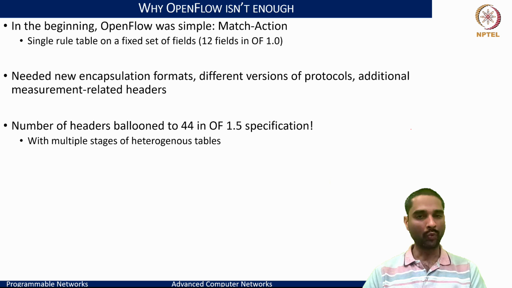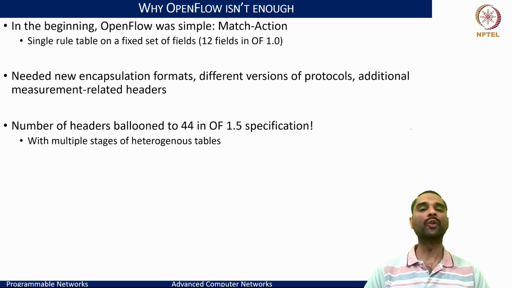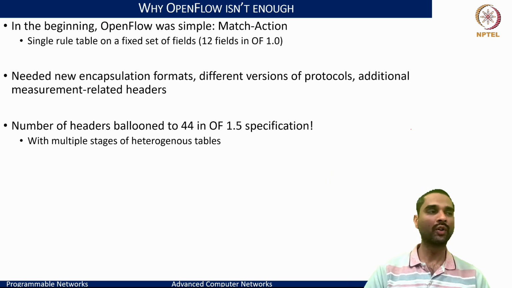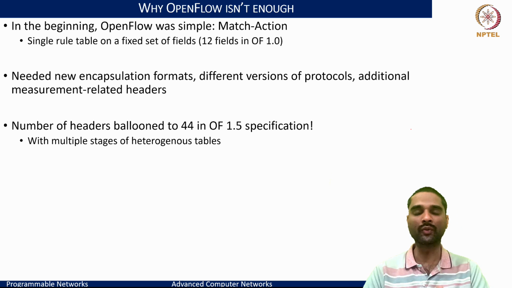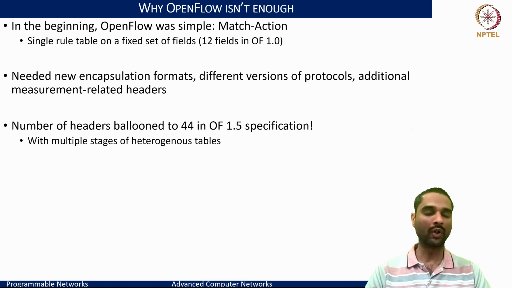But OpenFlow was not able to support encapsulation formats or different versions of protocols which we could readily build, like any of the newer layer 4 protocols. If they were not supported in the OpenFlow headers, it would not be able to configure such rules.